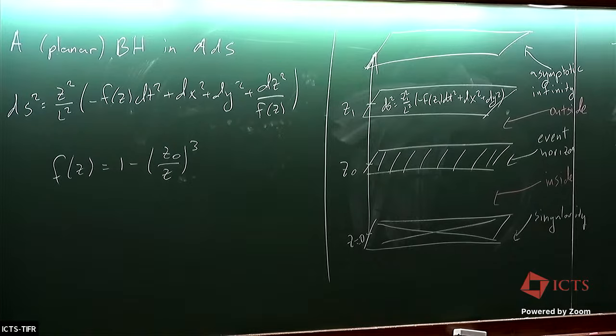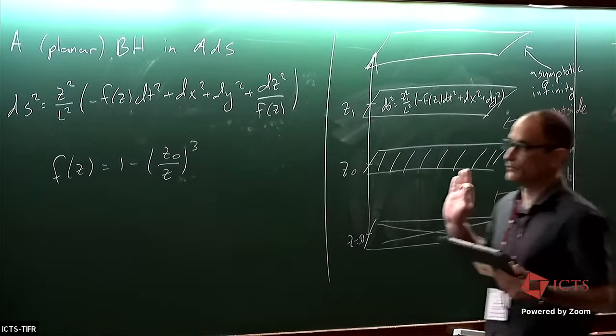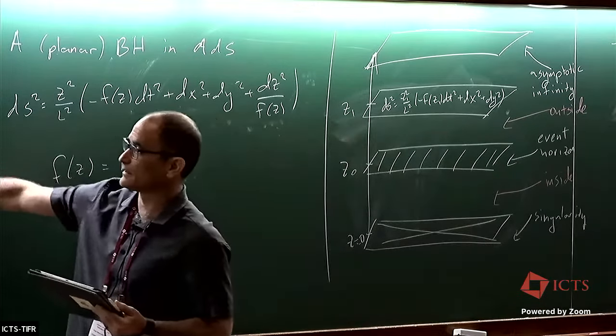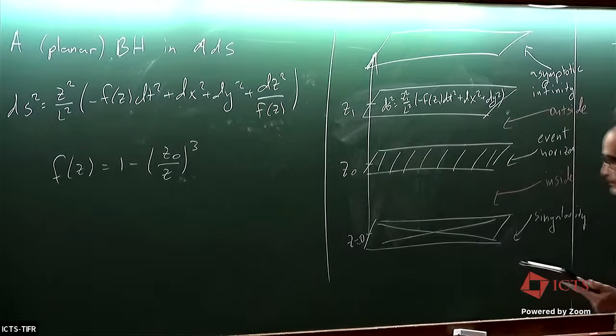So I'm not going to do this. This is a longish computation, but it's something that you should all be able to do. It's just a perturbative computation. You plug in the right ansatz into this equation, and you see what you get. Yes.